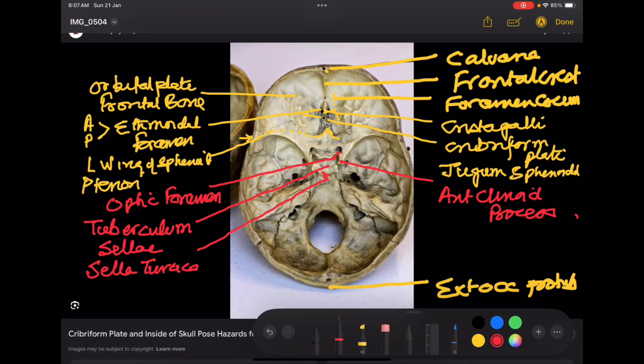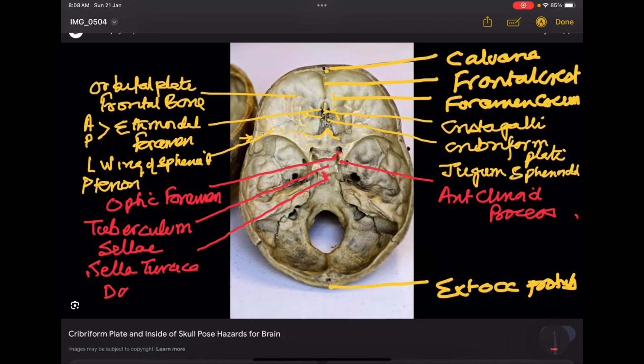Then you have this projection going from the foramen magnum and forming a saddle-like backrest onto the sella turcica, which we call the dorsum sellae. And the dorsum sellae ends in the posterior clinoid processes.